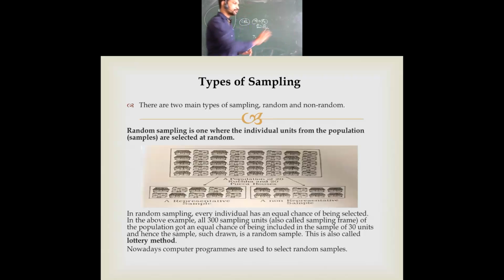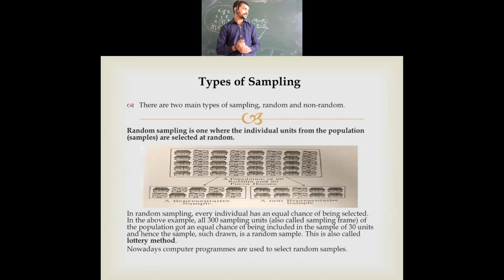Everyone in the population has an equal chance of being included in the sample. As I am telling you, 10% of the people, meaning 30 houses, I am going to select.